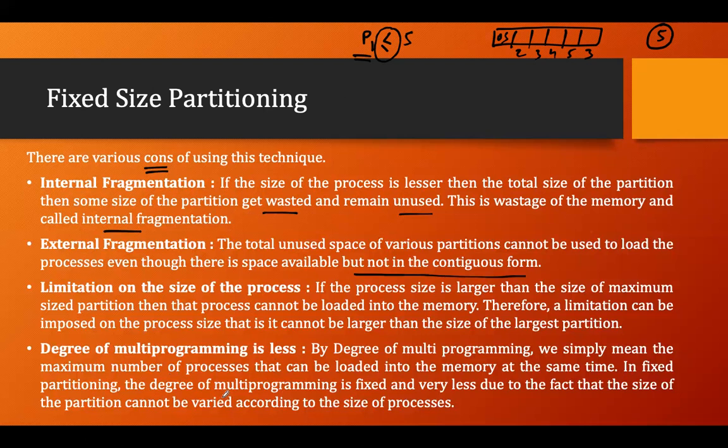In fixed partitioning, the degree of multi-programming is fixed and very low due to the fact that the size of the partition cannot be varied according to the size of the process. That is the issue, or that is the problem.